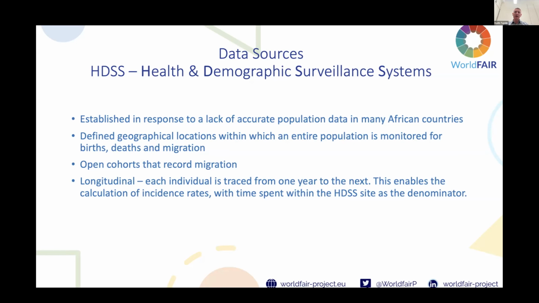And then ideally at least once a year, but as frequently as is possible, their status is traced from 1 year to the next. And this means that we were enabled to calculate incidence rates on this basis. We were able to look at periods of residence within HDSS and calculate incidence around HIV infection or mortality, or whatever it may be. So these were very distinct data collecting environments in which we were working.